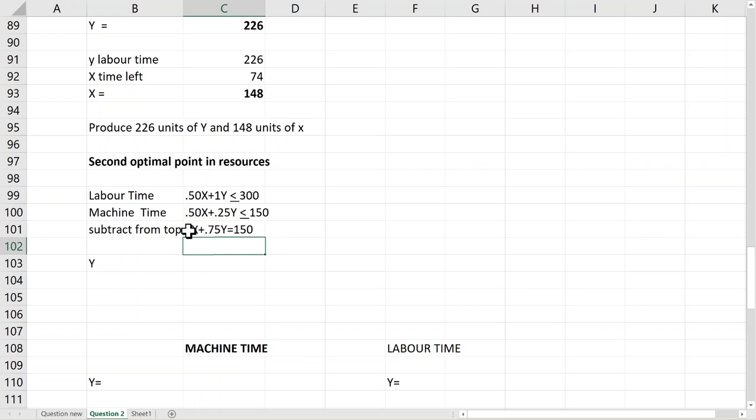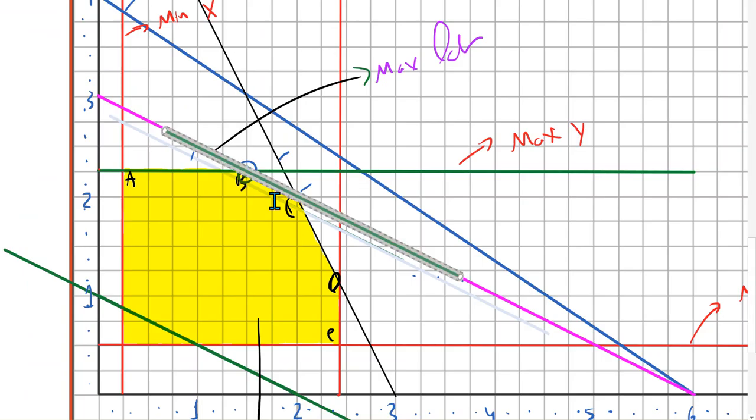Because x is 0, we could say 0.75y equals 150. So if I take 150 and divide it by 0.75, it will give me y, which is 200. And you clearly saw that it was 200 here.